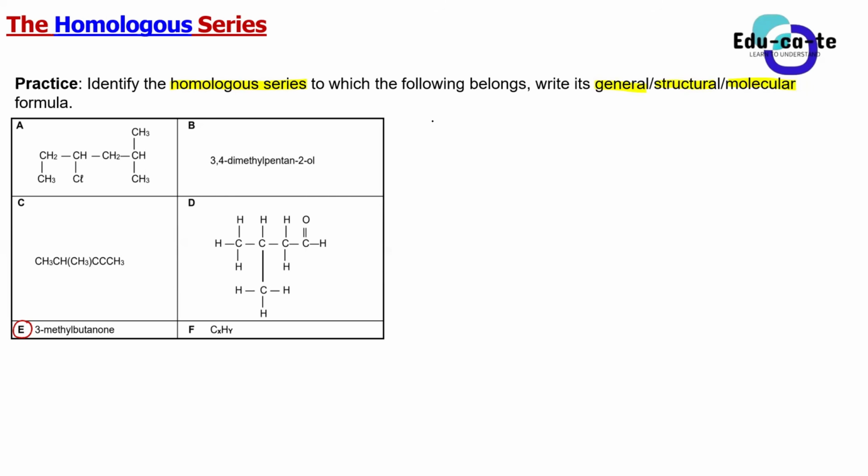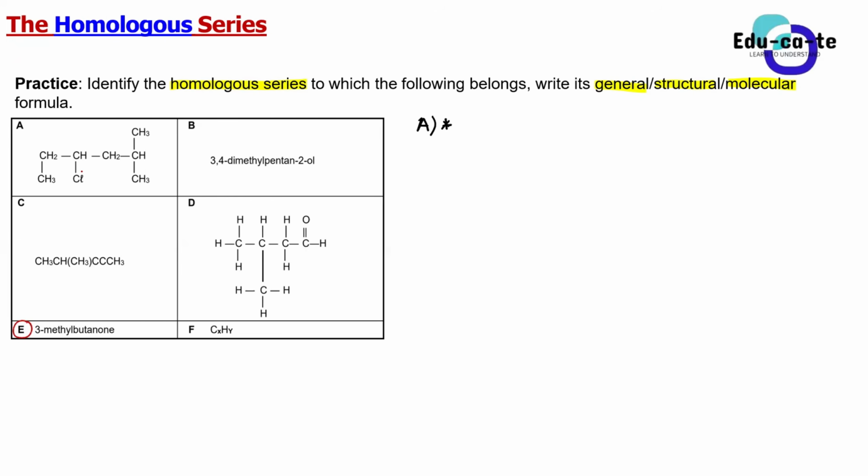When you look at compound A, to what homologous series does this belong? I would like to say haloalkane. Indeed, it is a haloalkane. Why? Because it's a carbon and a hydrogen bonded to a halogen, chlorine.